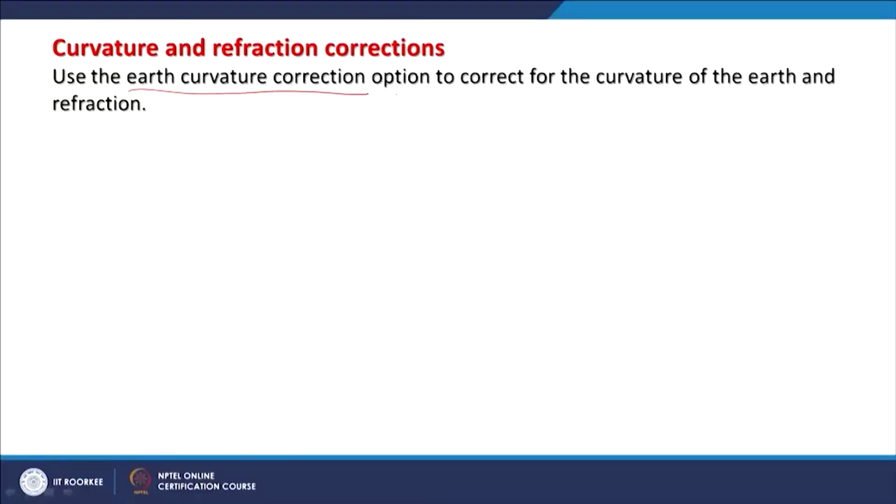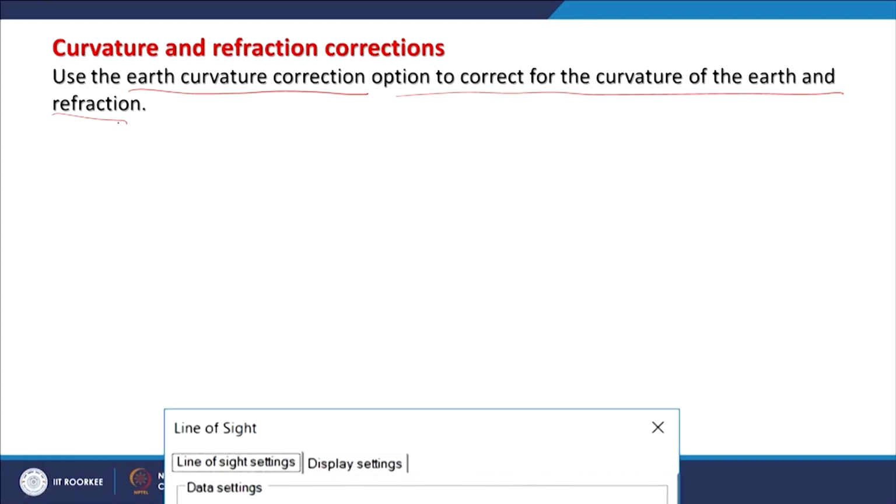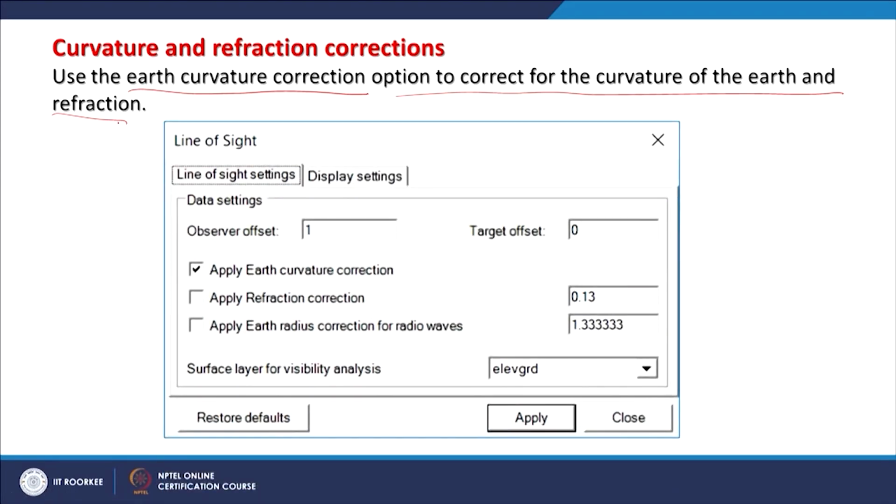Use the earth curvature corrections option to correct the curvature of the earth and refraction only when large distances are involved in viewshed or line of sight analysis. So, this is what you can do: apply the radius correction for the radio waves, apply refraction correction, apply curvature corrections, and these options you can definitely opt for and do the analysis.